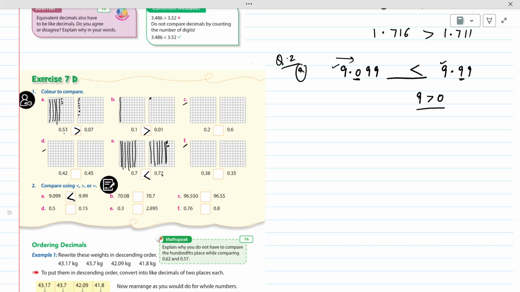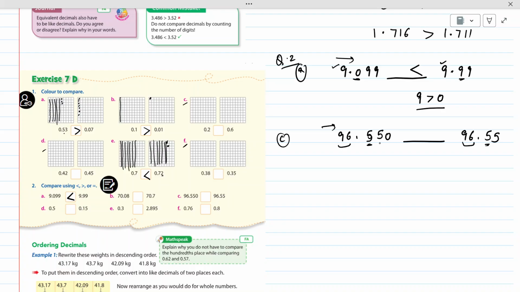So this is greater. Now let me pick part C here: 96.550 compared with 96.55. Coming to the whole number, starting from the left, these two are the same, and then we move to the 10th place after the decimal. 5 same here, 5 same here.